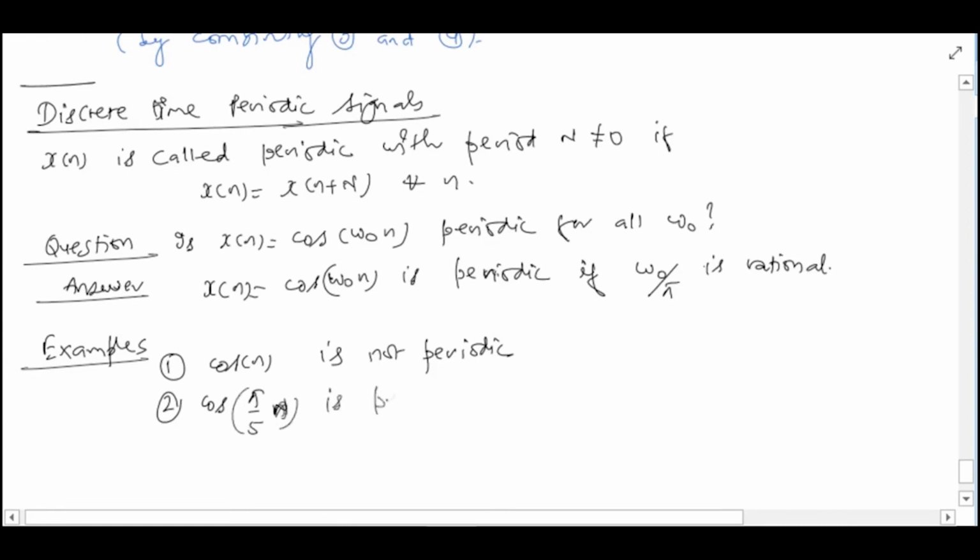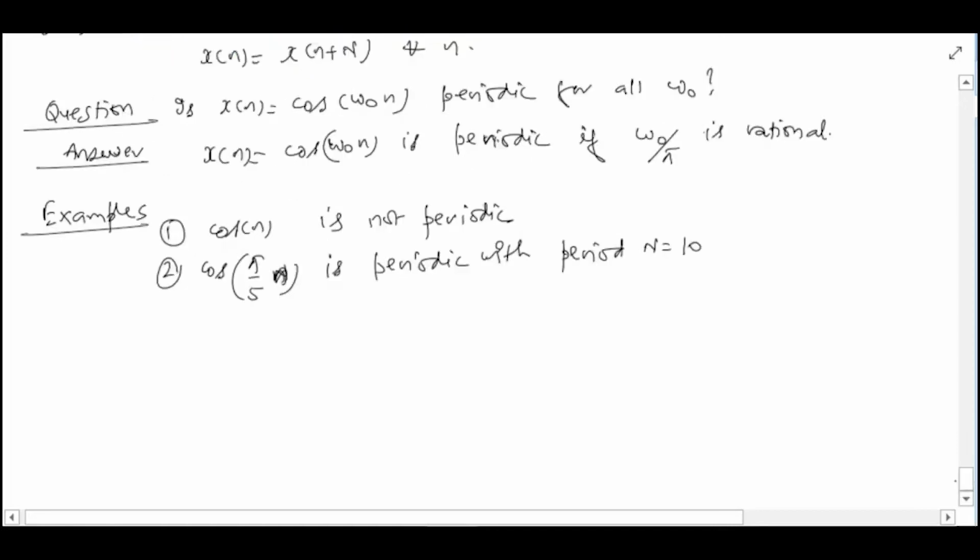This is periodic with period N equals 10.